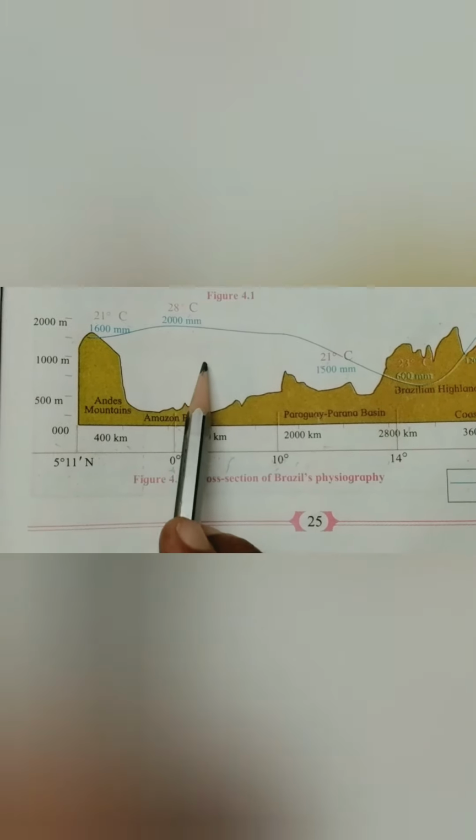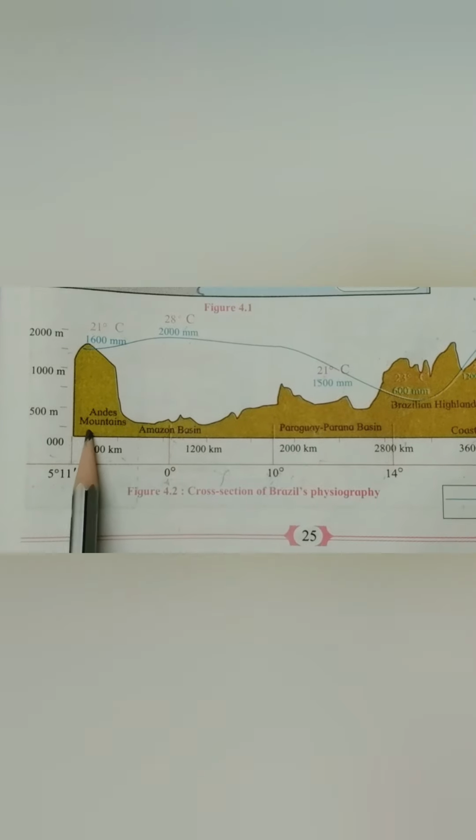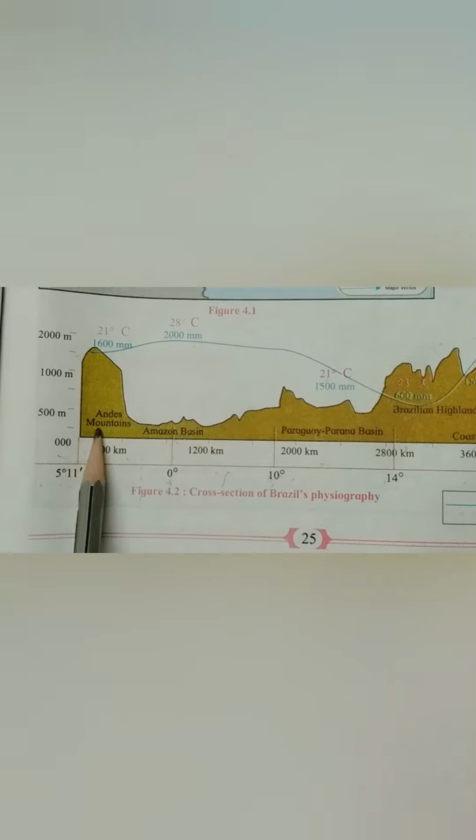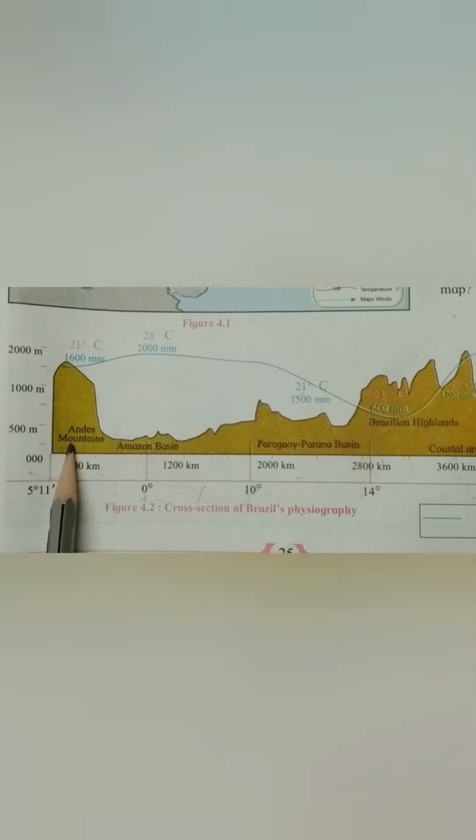As you move further, it is the Andes Mountain. We know that the river Amazon originates from the Andes Mountain.